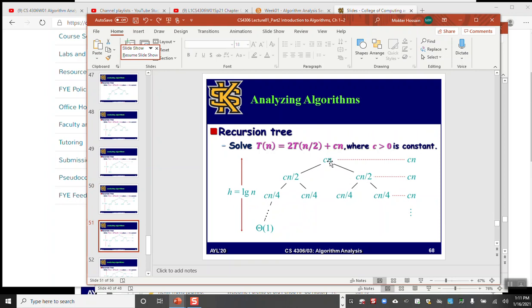It has n elements, right? If one element takes constant time, then n elements take cn total time. And then how many elements will it have? n by 2 plus n by 2, that is cn. And how many elements does it have? All 4 splits, but the total is cn, right? And then how many elements will it have? How much time will it take?